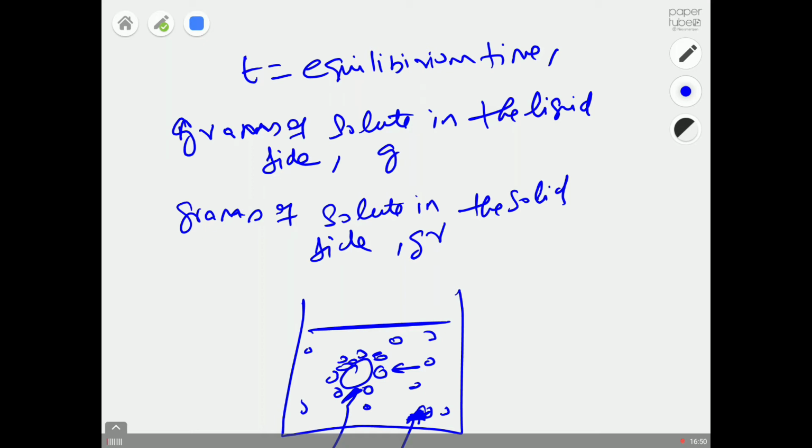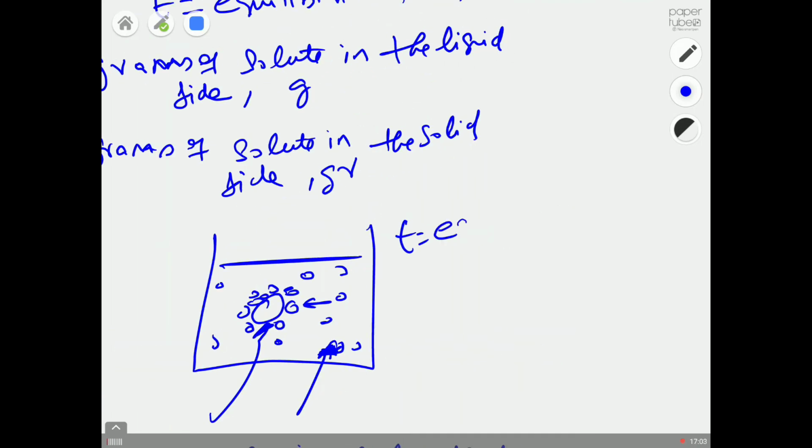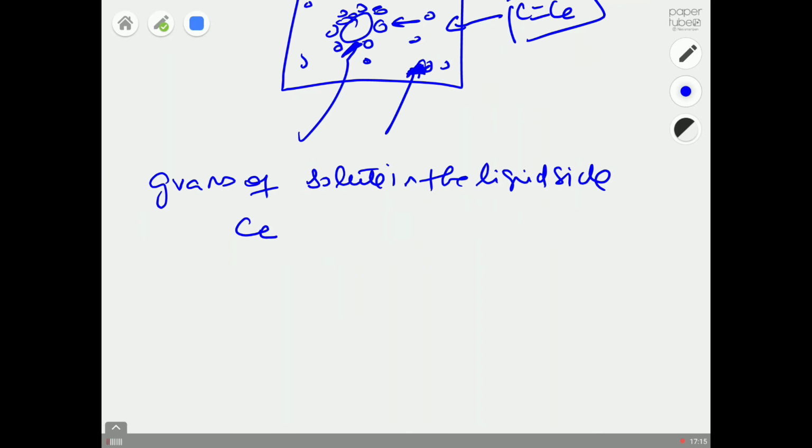So grams of solute in the liquid side must be equal to, when time t equal to equilibrium time, your C will be equal to CE, which is the equilibrium concentration. So CE, which is expressed in grams per liter, you just multiply by volume.